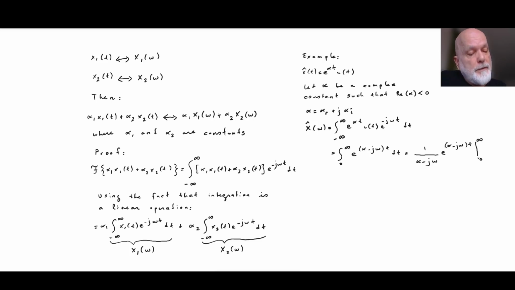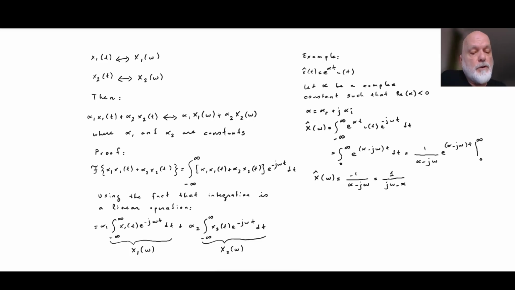So, we have x cap of omega equal to, with a minus sign, minus 1 over alpha minus j omega, or 1 over j omega minus alpha.